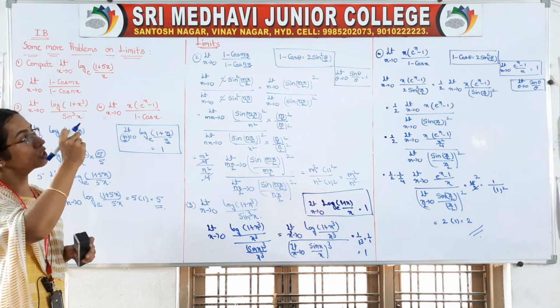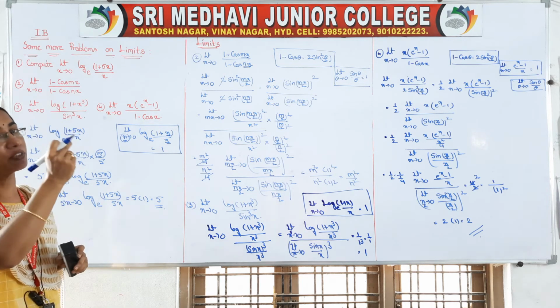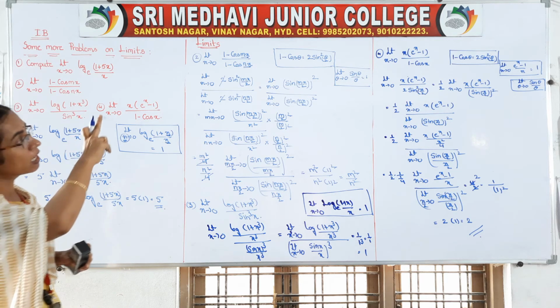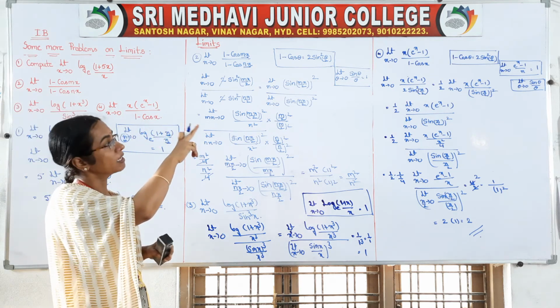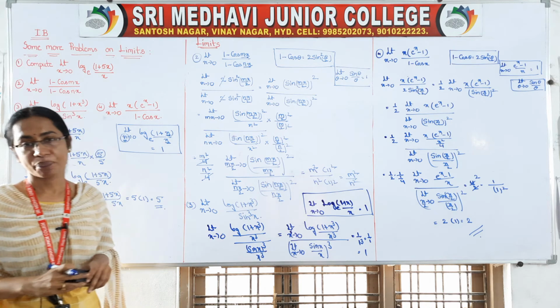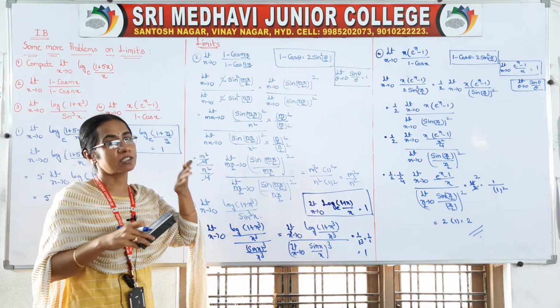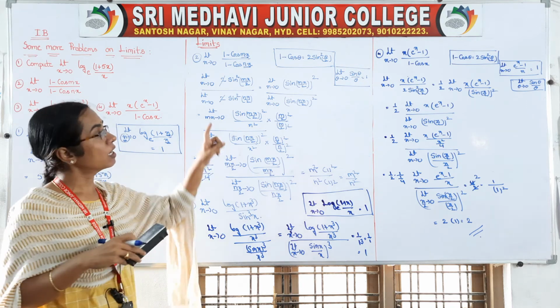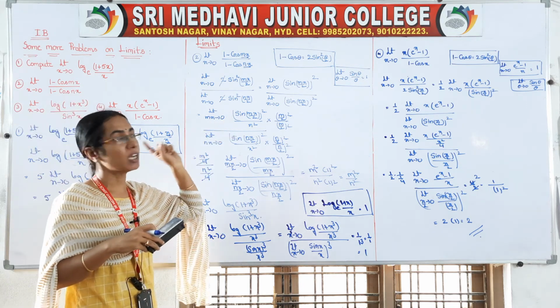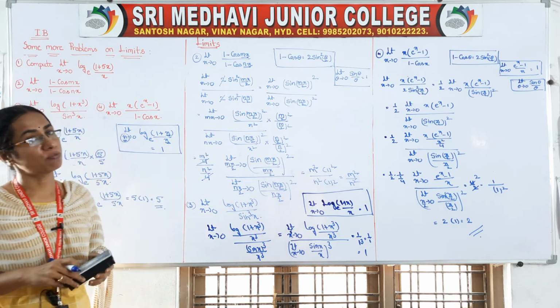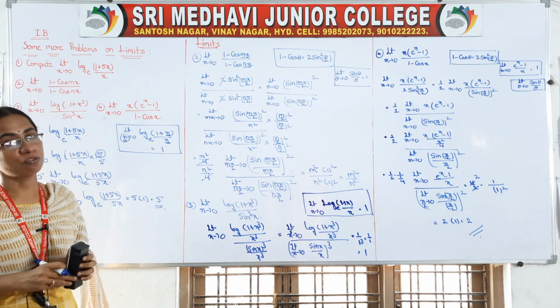One is with respect to mx and the other is with respect to nx. So in the formula, wherever theta is there, first we take mx and next we take nx. Next, whenever sine form is there in limit x tends to 0, we go for the standard formula: limit theta tends to 0 sin theta by theta is equal to 1.